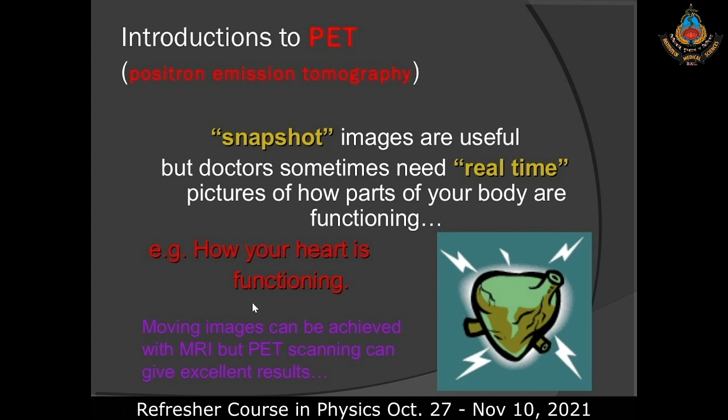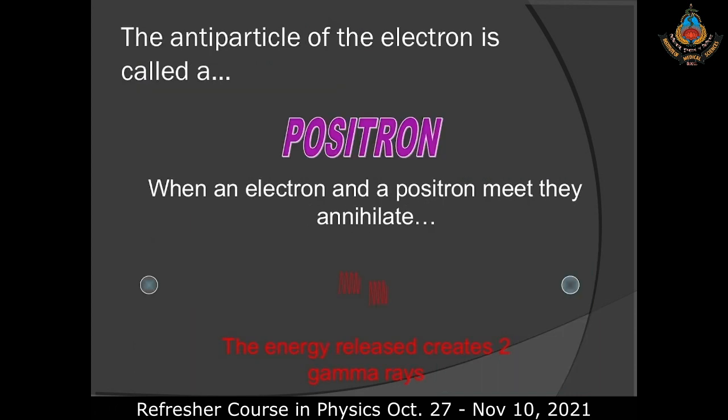How our heart is functioning, it is a moving object or moving image, which can be achieved with the help of MRI or PET scan, which give a better result to study this.